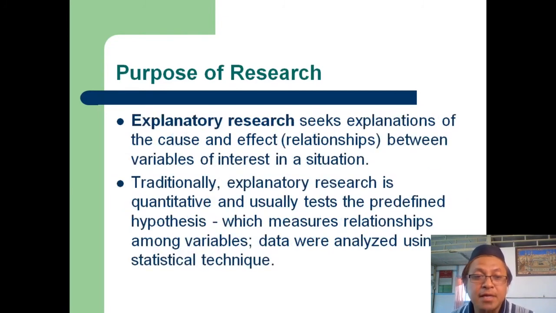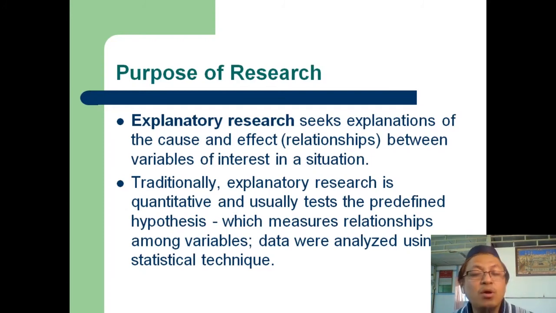The third study is called explanatory research. Explanatory research normally looks into the relationship between variables, between aspects of interest. This relationship can also appear in the form of cause and effect, but normally in social science research or management research, like in our field, we will not be looking into cause and effect.